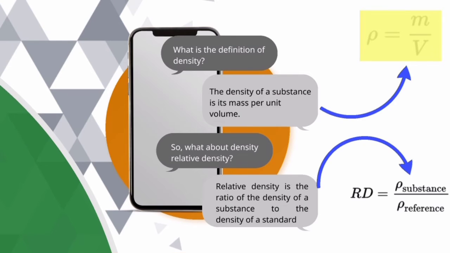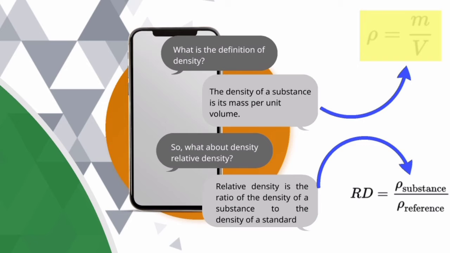By definition, the density of a substance is its mass per unit volume. In the formula, rho, density, is equal to mass over volume. We also have relative density.